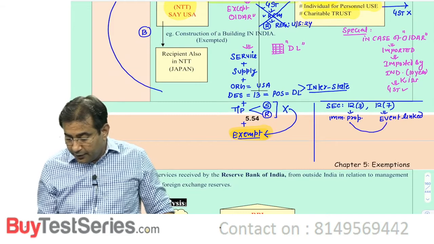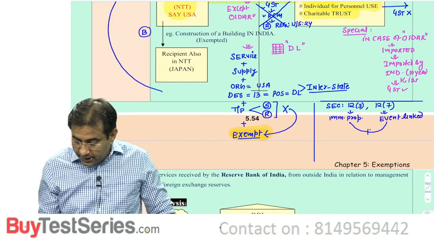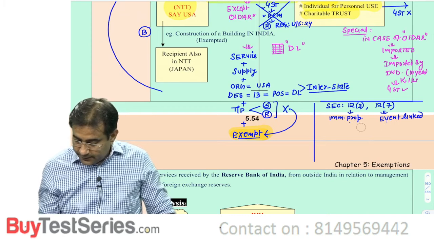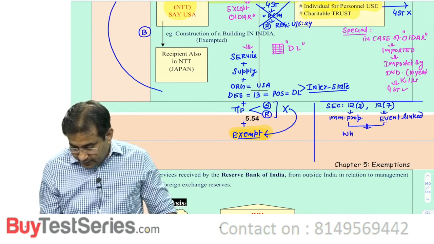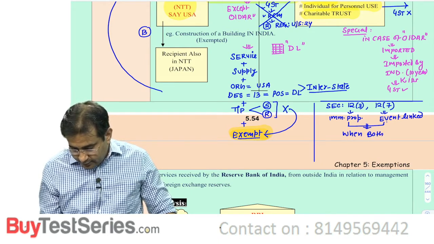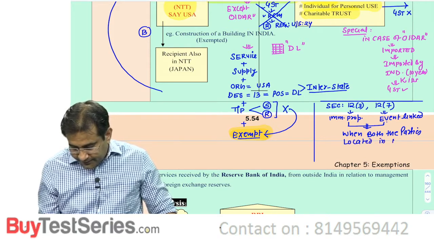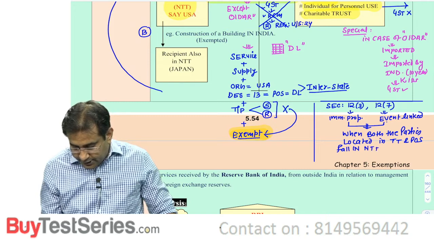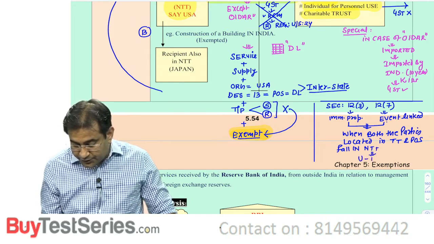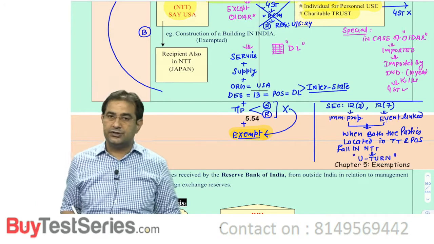Government makes a provision for both situations, when both the parties are located in the taxable territory and place of supply falls outside. In such a case, there was a provision of U-turn. Remember, there was a provision of U-turn in this particular situation.